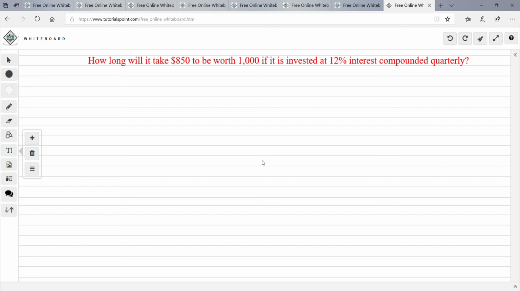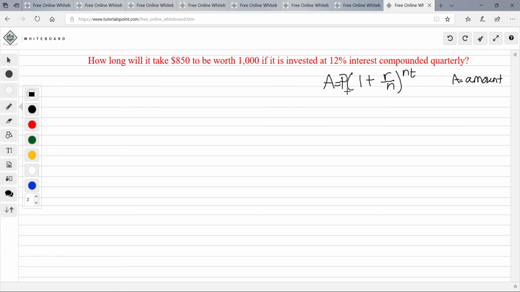So we're going to use the compound interest formula, which is A equals 1 plus r over n times n times t. So we got to find t. First off, what is A? A is the amount. Oops, forgot the P. Silly me.